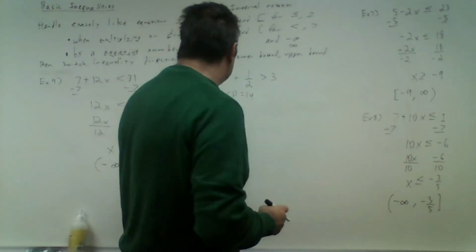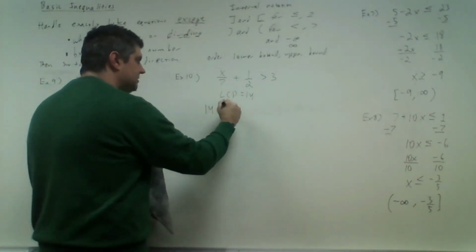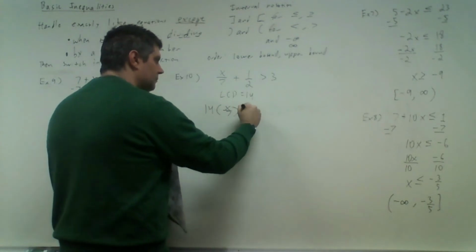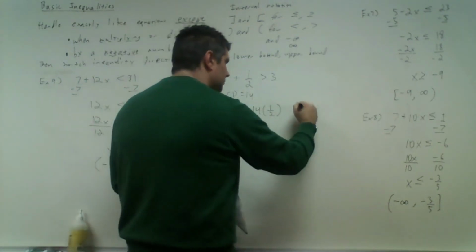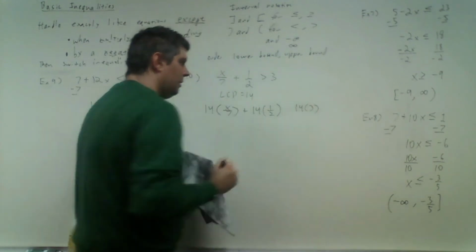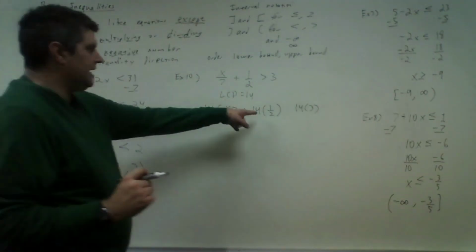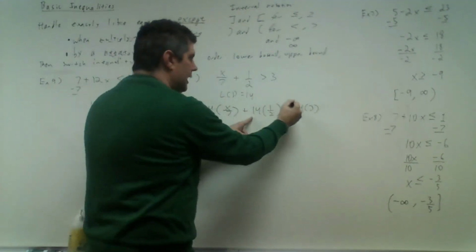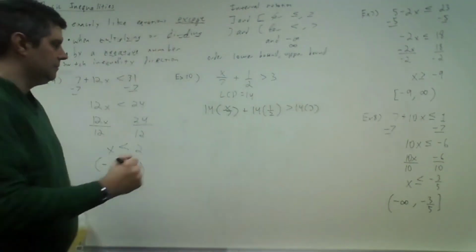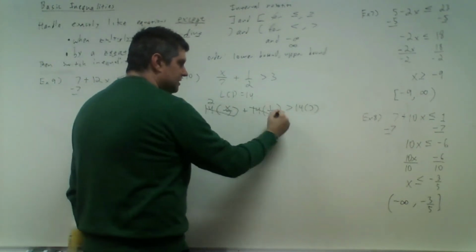The LCD is still 14. So I will multiply both sides by 14. I didn't multiply by a negative, so the inequality direction doesn't change. 14 divided by 7 is 2. 14 divided by 2 is 7.